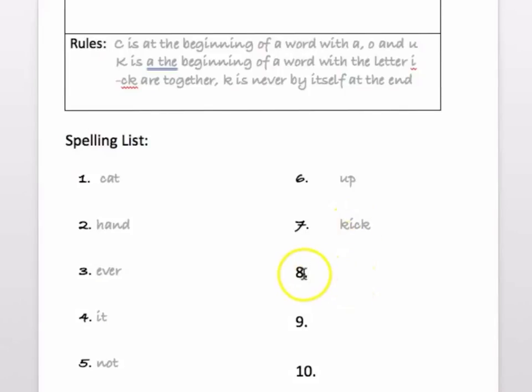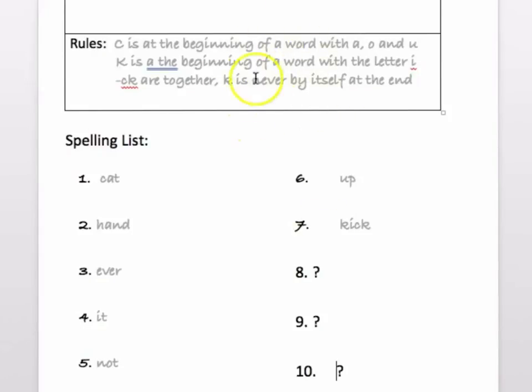As you can see, 8, 9, and 10 are blanks. You could put question marks there. These are going to be words that we check to see if you were listening to the lesson. We'll call these your mystery words that follow the rules up here.